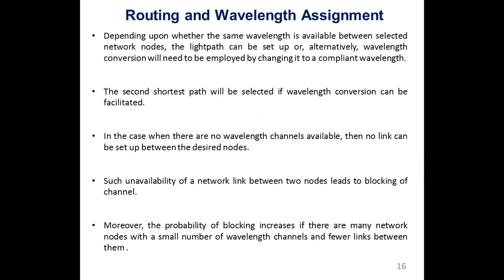In case you do not have wavelength channels available, then no link can be set up between the nodes, and this will lead to the blocking of the channel or the signal. The probability of blocking is going to increase if many network nodes with a small number of wavelength channels and fewer links between them are having the same issues.